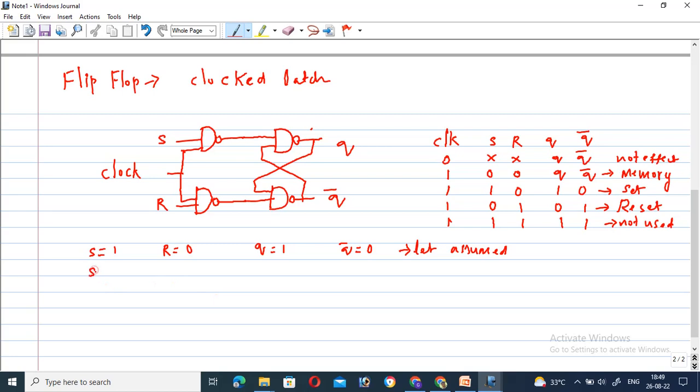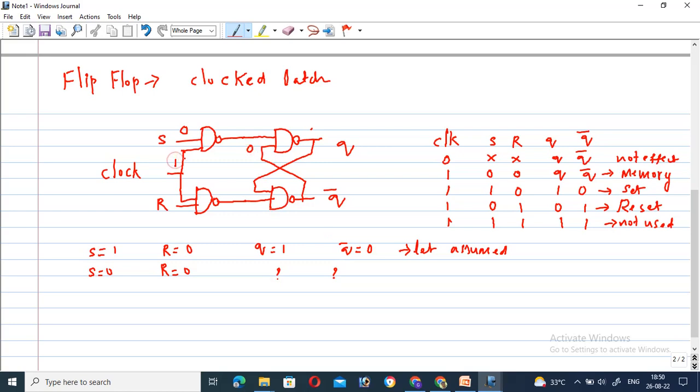So when S is equal to 0, R is equal to 0, what are the values of this one? So let us see the scenario here. When S is equal to 0, that means the S value is 0. What is the previous Q bar value? 0. So this value is also equal to 0.